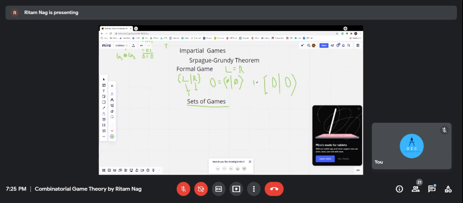This is called *1. 0 is also called *0, but these two are equivalent. 1 is actually a different game that we will come to later.